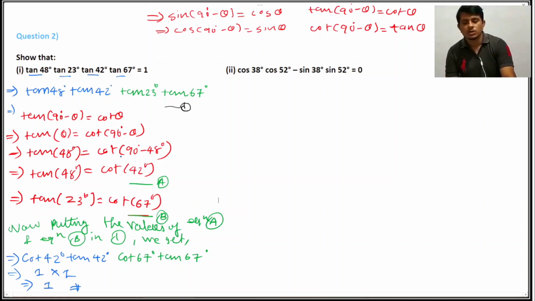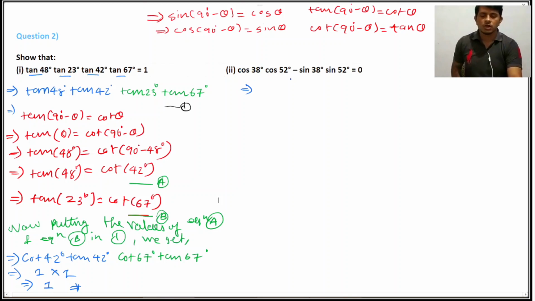Let me do the second question. Here we have a minus sign in between these two, and we have to prove that this is equals to 0. We can do this question in two ways.